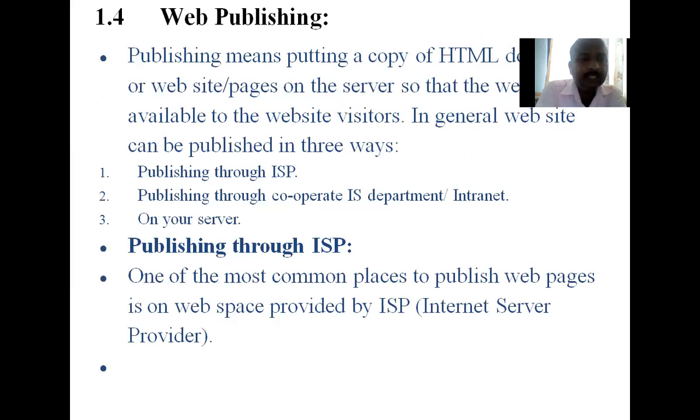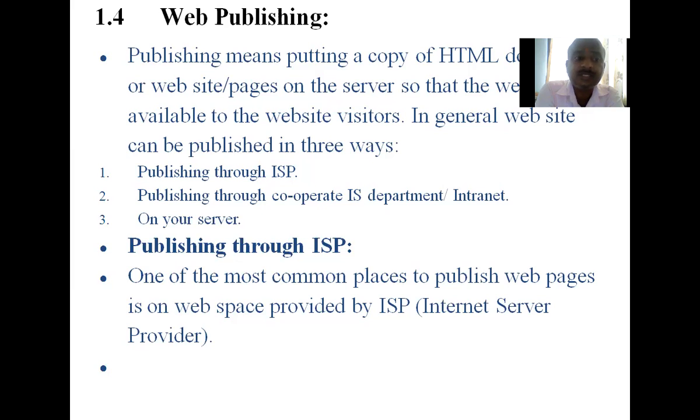Then what is web publication? Web publication means putting a copy of an HTML document or website pages on a server so that the website is available to the website visitors.